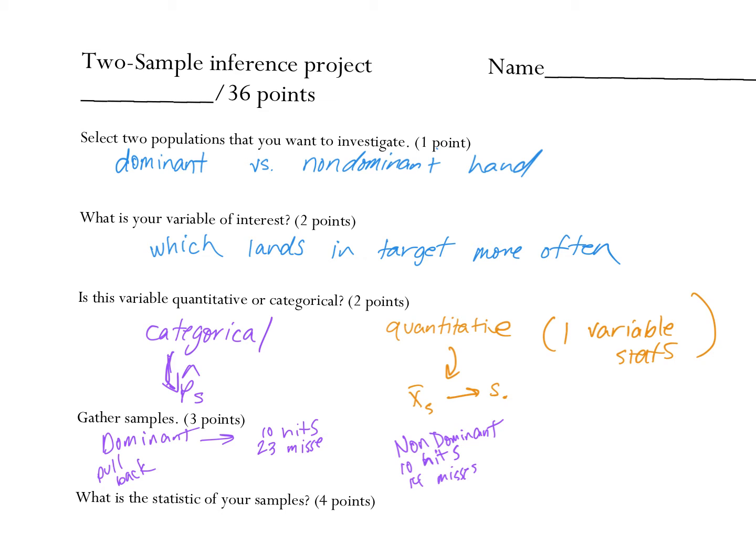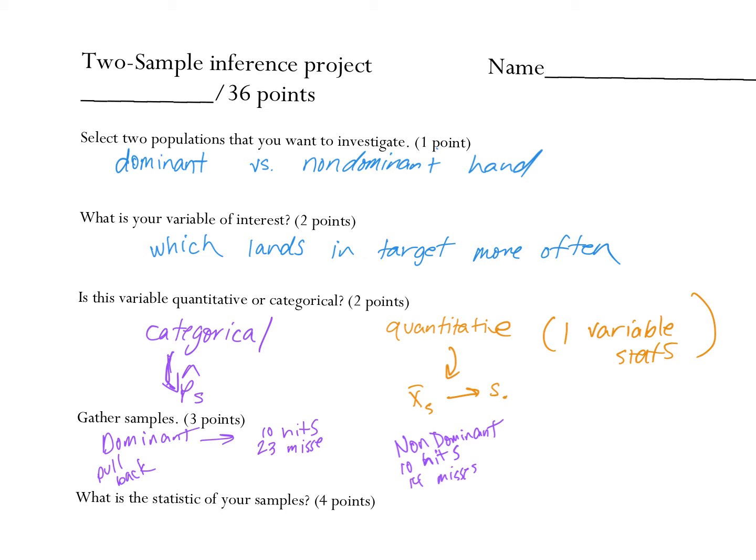All right, now, how many do you think you should have to gather? The answer is, depends. You want to know why? The whole point of our sample size is making sure that normal condition is met.